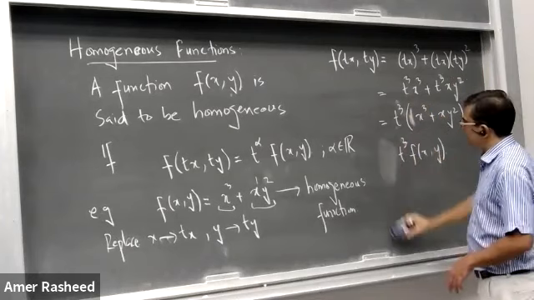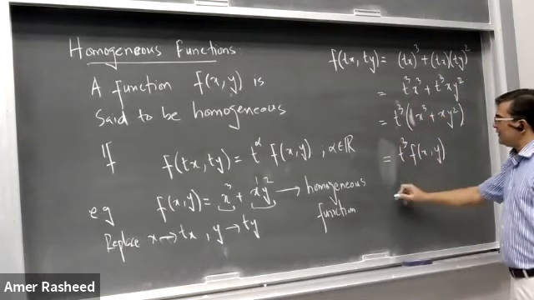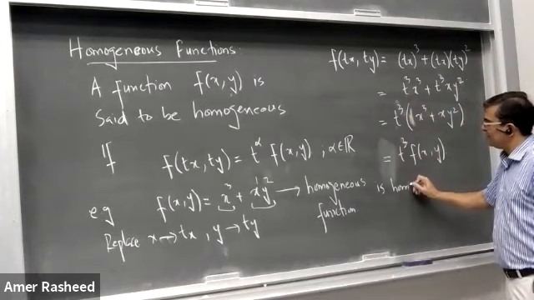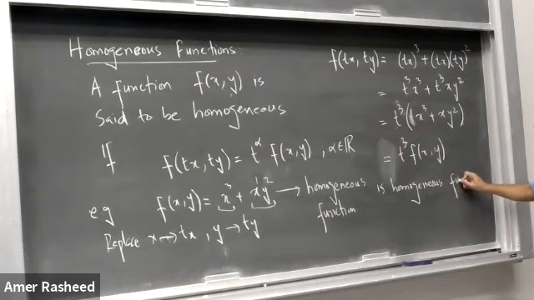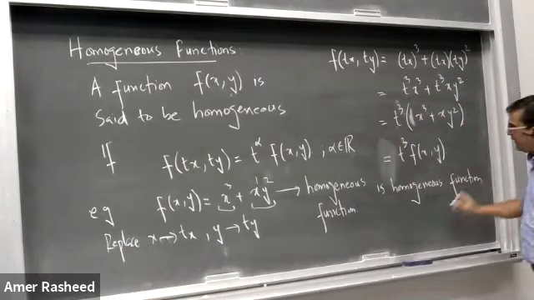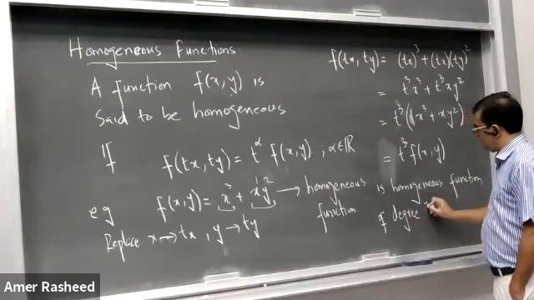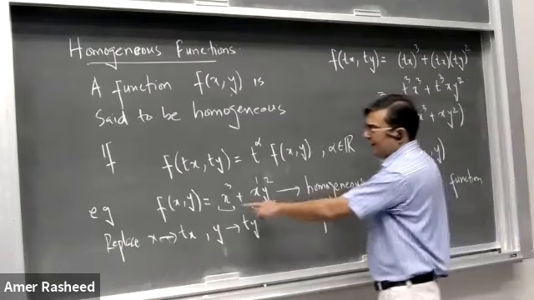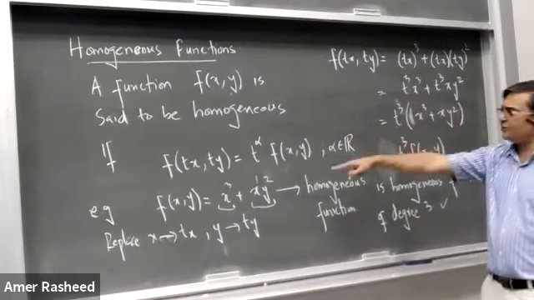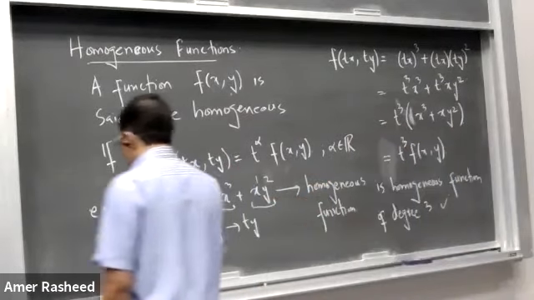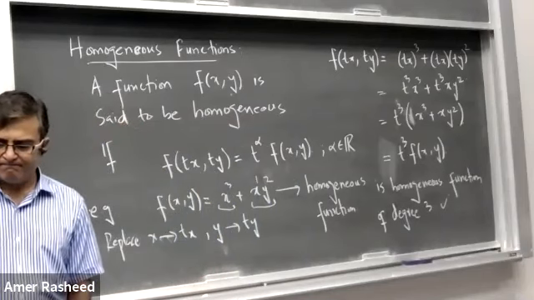Then this function is homogeneous because every term has the same degree. And this f is called a homogeneous function of degree 3, because in each term the degree of the variables is 3. I hope you get it. If you have any question, you can ask me.